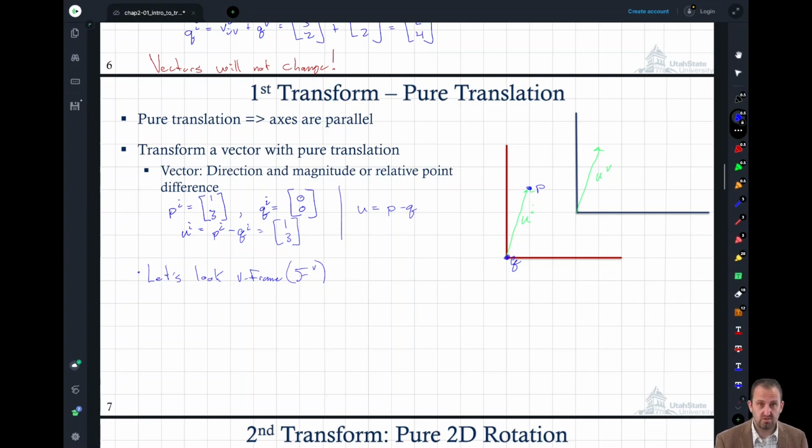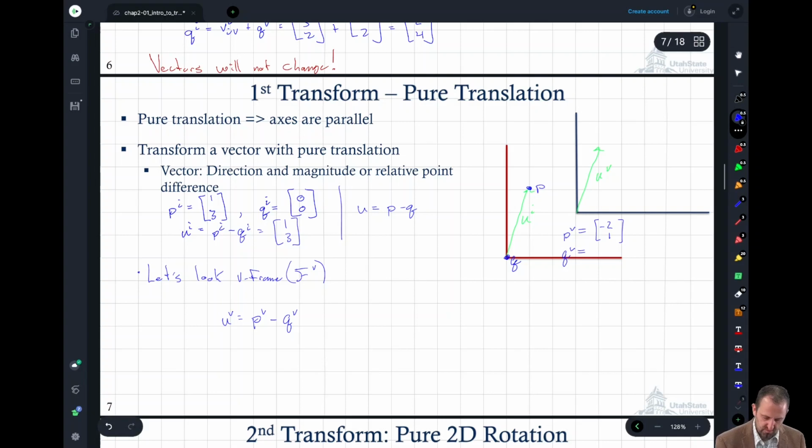So let's say we're using the vehicle frame, so u in the vehicle frame is going to be equal to P in the vehicle frame minus Q in the vehicle frame. Let's just take a look at this real quick. Our P in the vehicle frame is back 2, up 1. And then our Q in the vehicle frame is back 3, down 2.